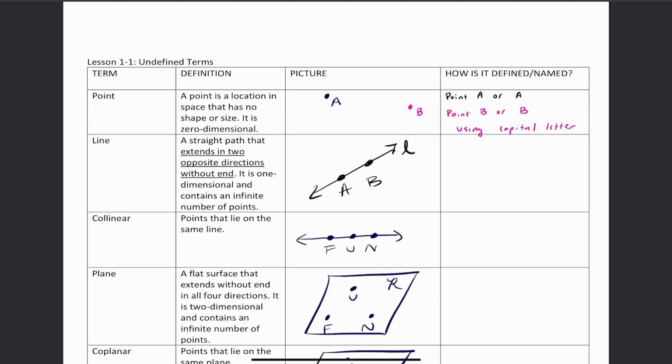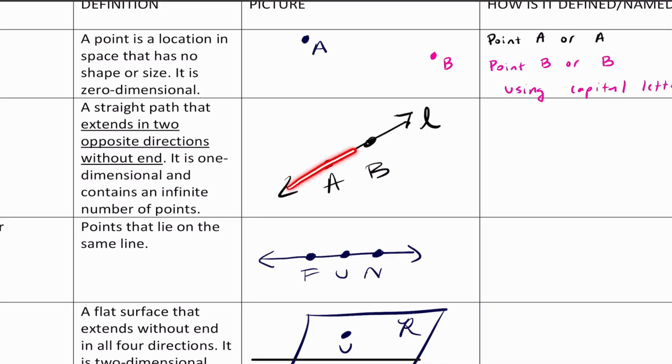Now, I want to take a look at a line. A line is a straight path that extends in two opposite directions without end. It is one-dimensional and contains an infinite number of points. We have our line, and it has an arrow on each end.